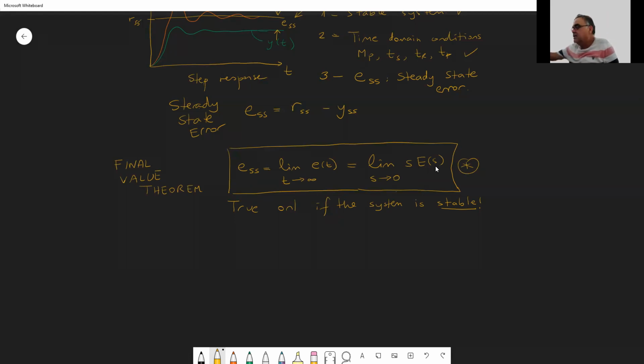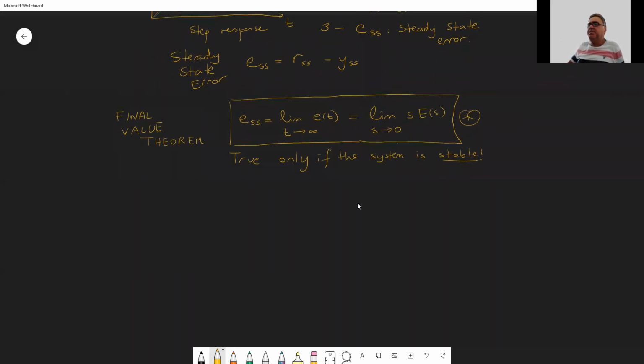And I gave you an example last time. That was where we had stopped. This is true only if this. One thing we should note is that the final value theorem is valid only if the closed loop system is stable. For unstable systems, the final value theorem does not make sense.